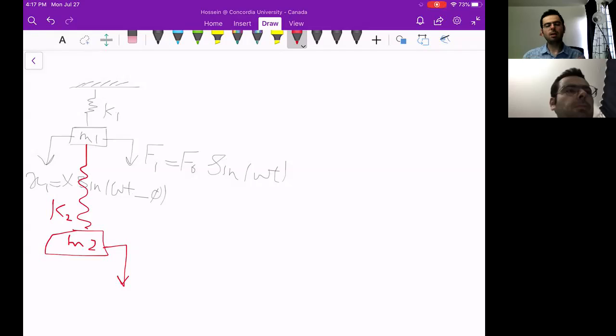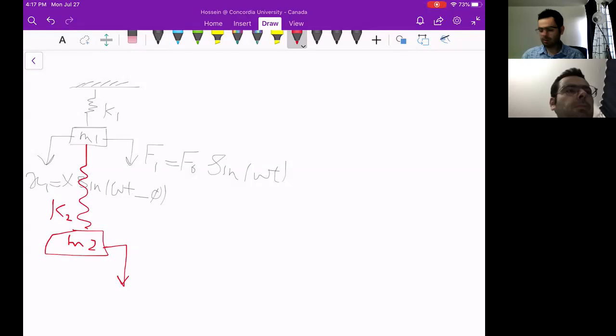Basically, we don't care how much M2 will vibrate. All we have to do is make sure the amplitude of mass 1 is diminished, should be around 0.